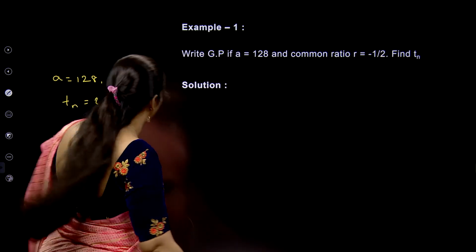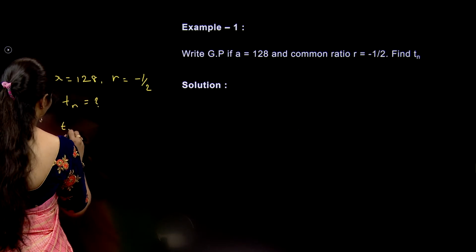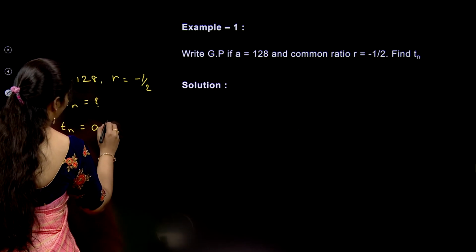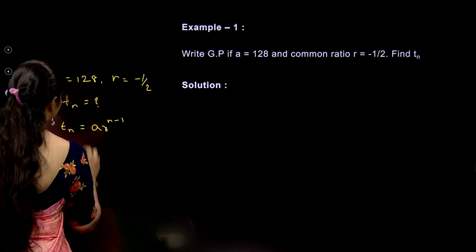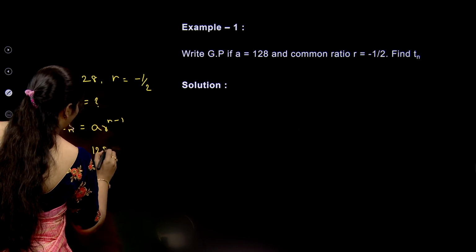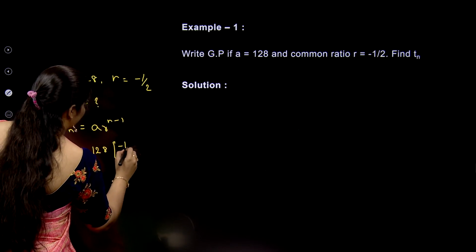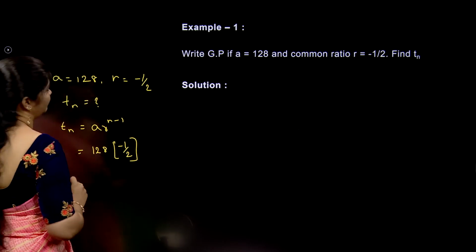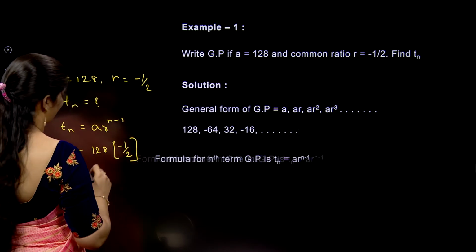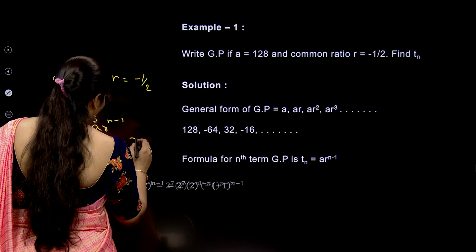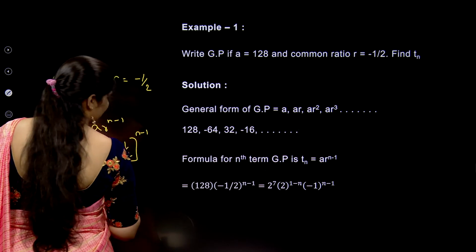What is the Tn formula? Tn equal to A R power n minus 1. Substitute these values: 128, minus 1 by 2, and n minus 1.